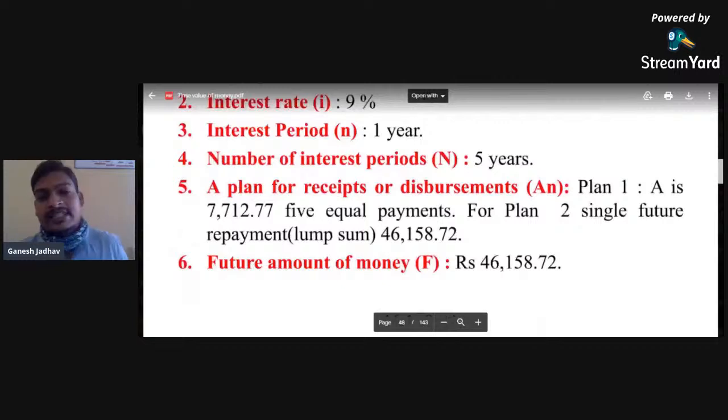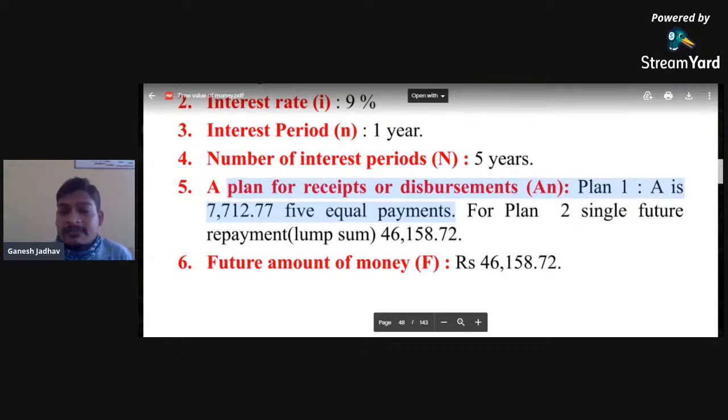So the plan for the repayment is distributed. Not per month, but per 5 years. So plan number one, A, is that you are required to pay 7,712.77 in 5 equal payments.